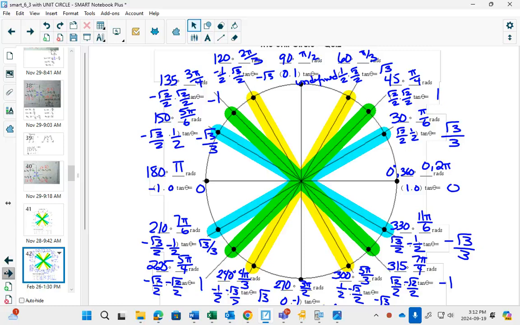Okay. So I'm going to give you a circle. Everybody gets one circle. Then we're going to go through some of the instructions together.